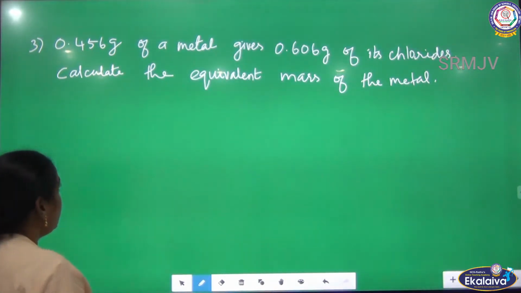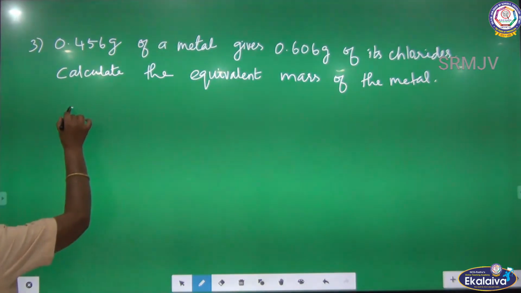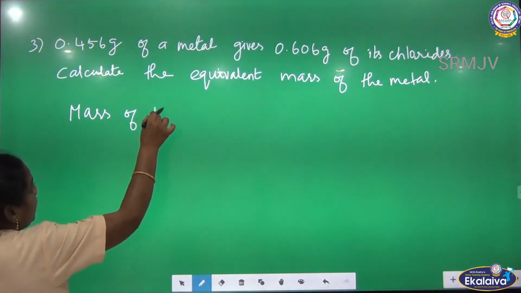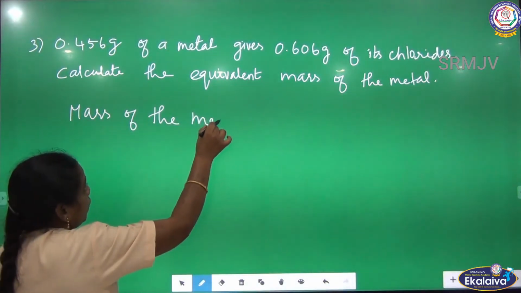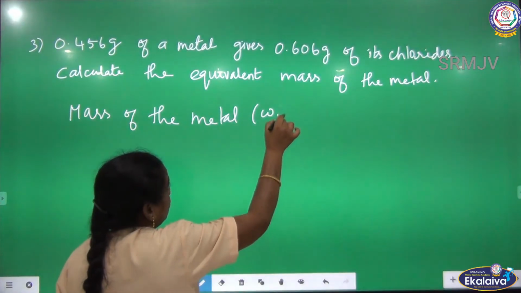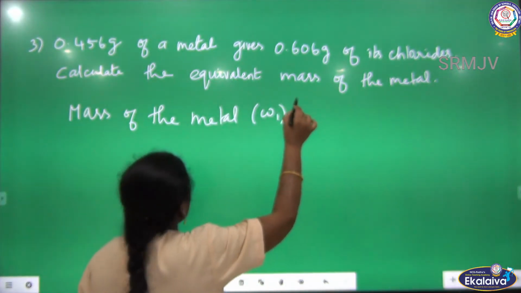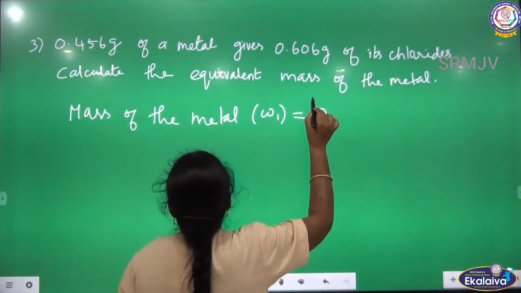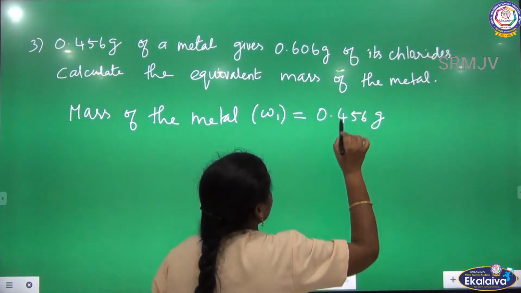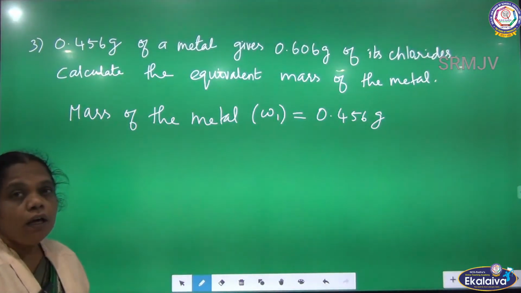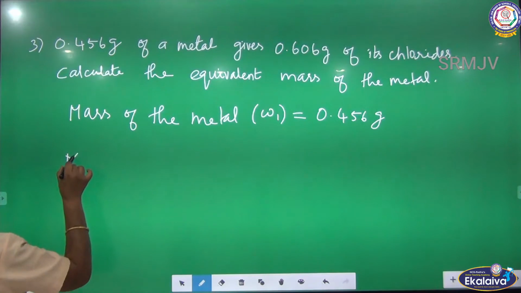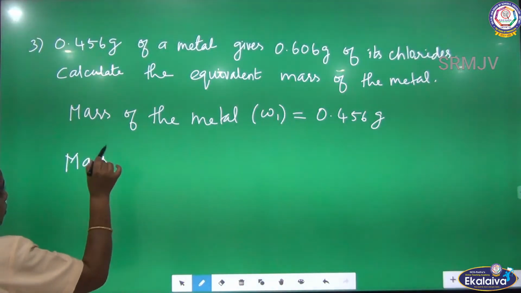Now first we want to write the mass of the metal. Mass of the metal is taken as W1 gram. What is the mass of the metal? 0.456 gram. And then mass of metal chloride, because the chlorine can be combined with the metal in the form of chloride.